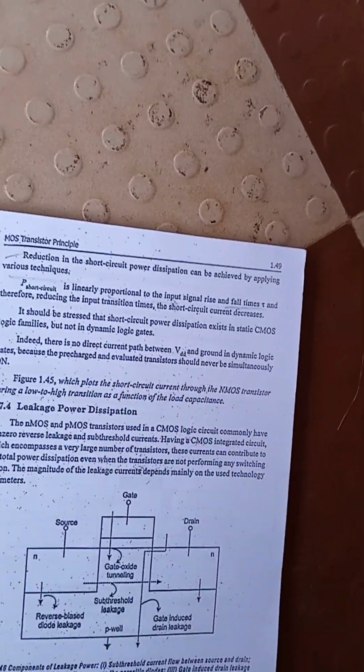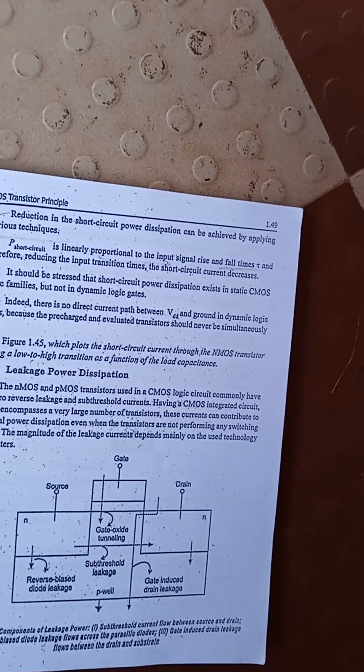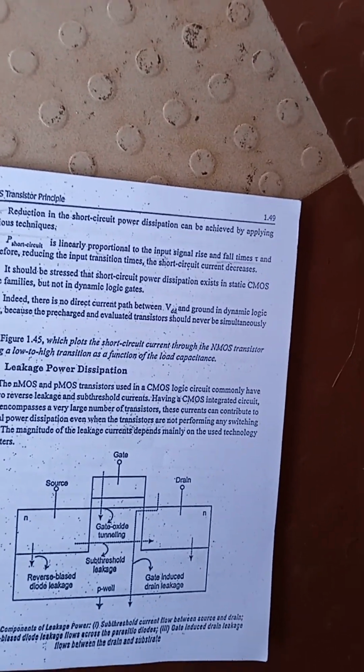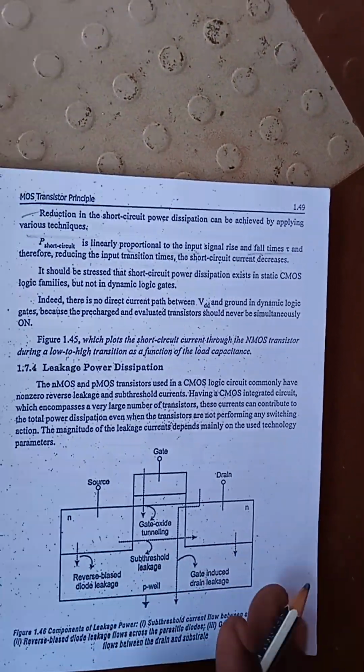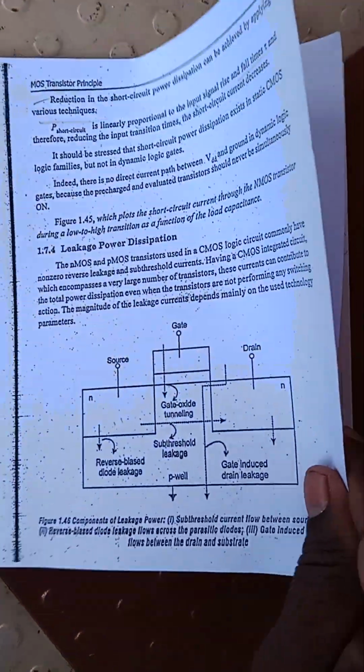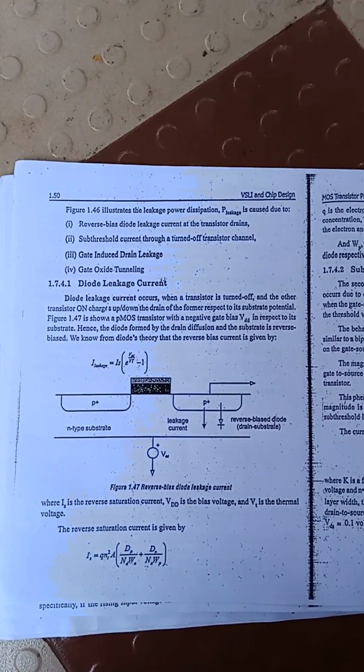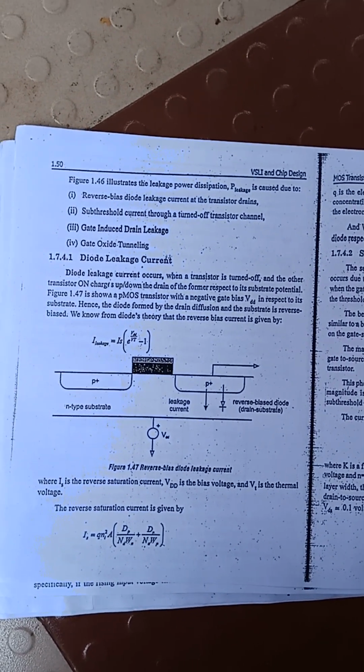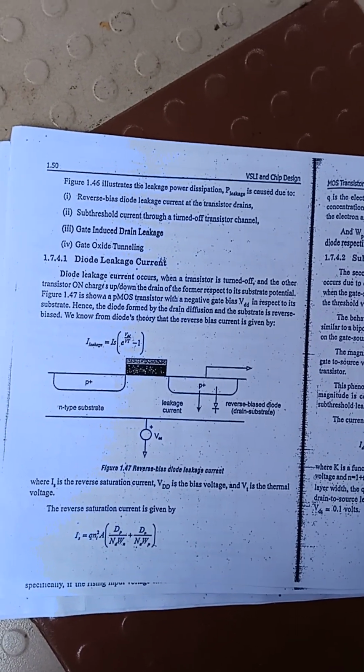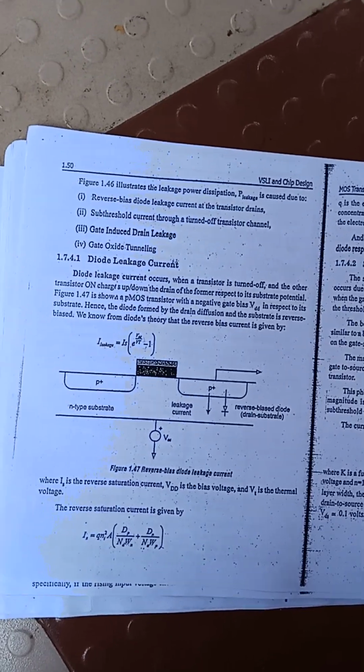If we alter the capacitances which affect the timing, we can change the short circuit power dissipation, and the leakage power dissipation wherever the junction is there and leakage current is flowing. Diode leakage current and other non-linear parameters also matter. Under power dissipation, what are the different leakage currents we are discussing?